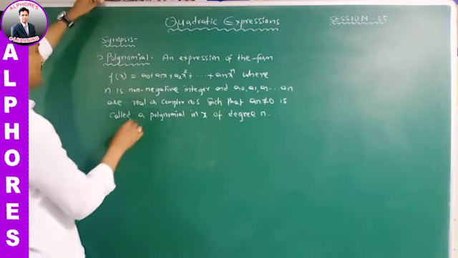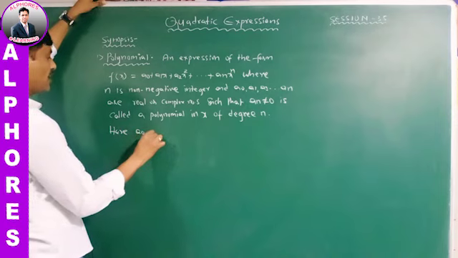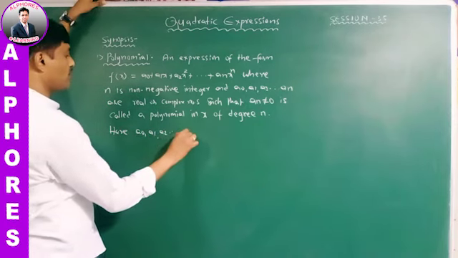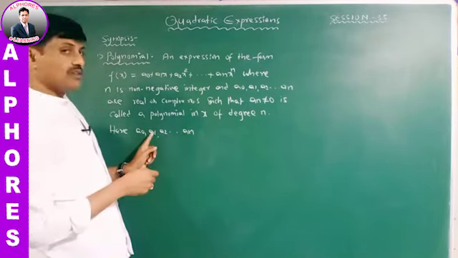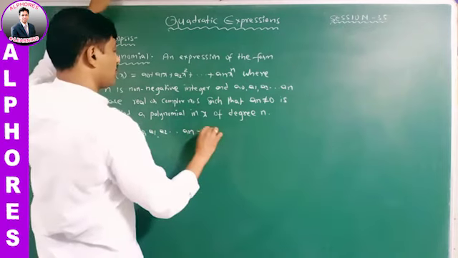Here a0, a1, a2, so on, an are called coefficients.